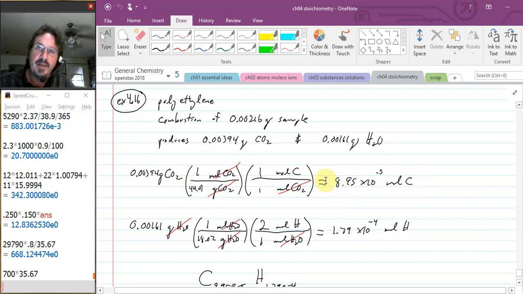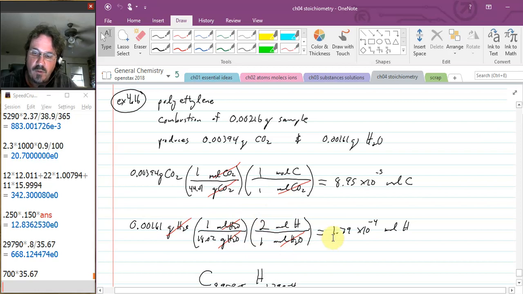The hydrogen in that sample all became water when I multiplied that out. And so I can do exactly the same kind of thing. Water was 0.00161 grams when they did this analysis. Convert to moles. And now if I look inside a water molecule, there's 2 hydrogens for every 1 whole water. So there I'm converting to moles of hydrogen next.